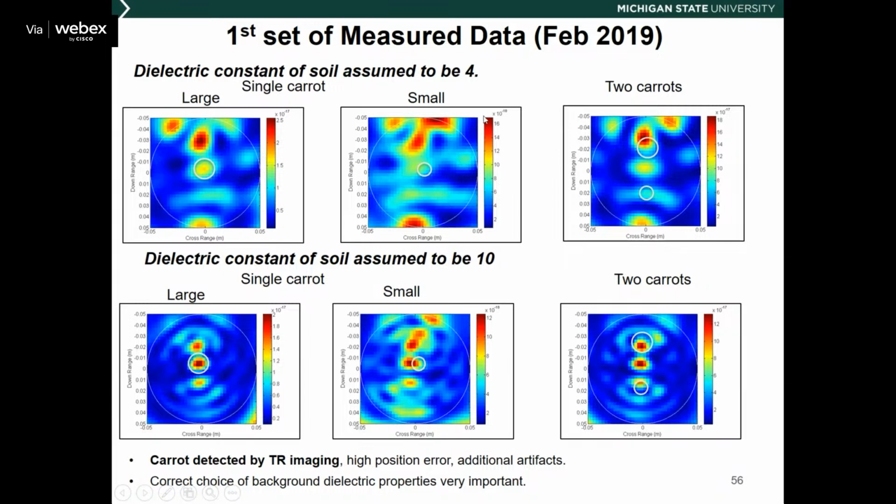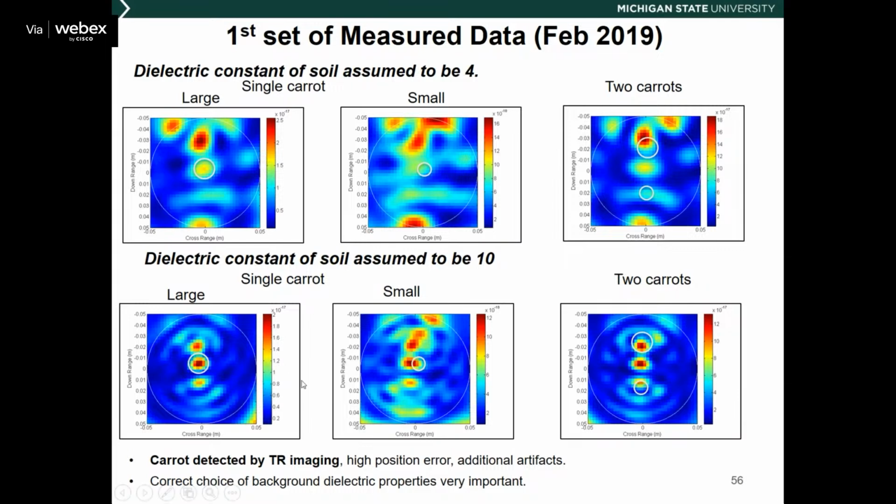We started with a dielectric constant of 4, then we realized that if we assume it to be 10, you have much better reconstruction results compared to 4, right? Top and bottom. This tells us that the uncertainty of soil property will affect the imaging results significantly.